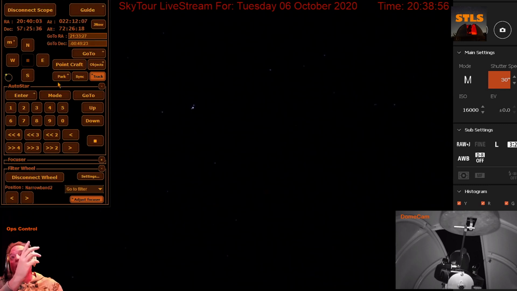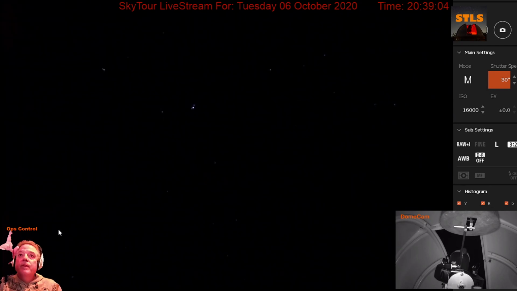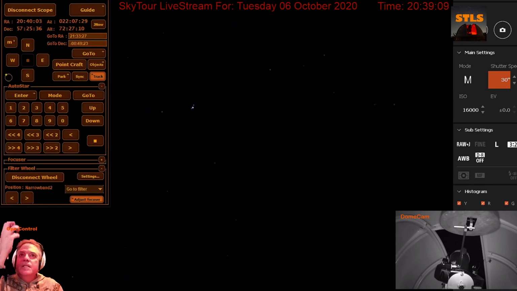These are the telescope controls. These are the telescope computer controls. This is the camera focus for the telescope. And that box right above me, okay, it just vanished. I'll bring it back here. There you are. Okay, that box right there, you can see this is actually our filter wheel.